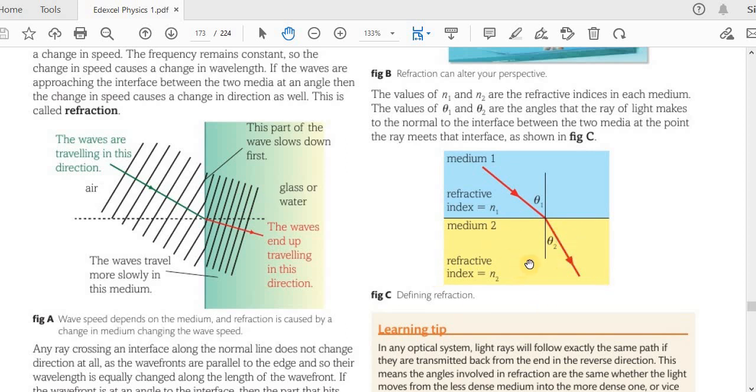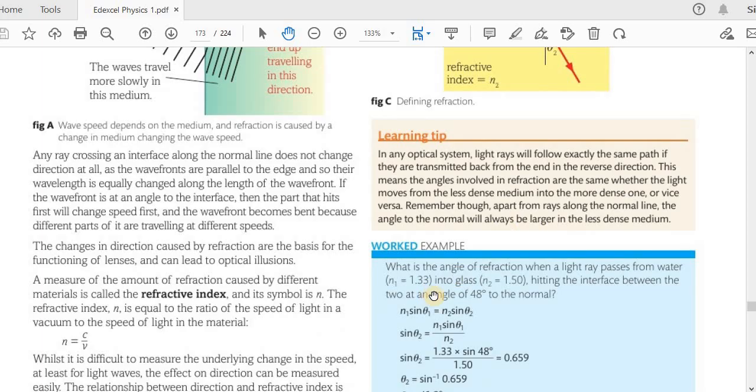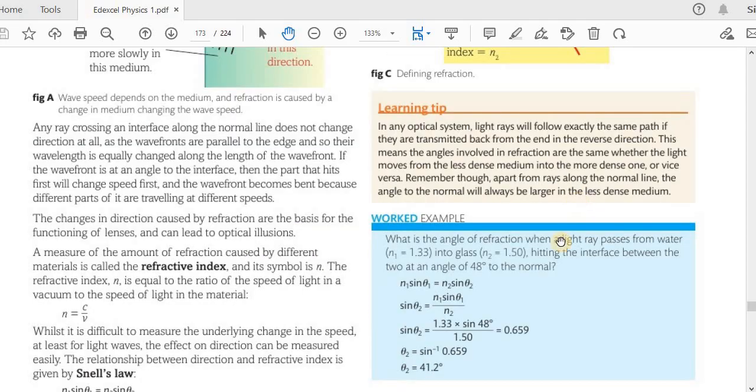And this n2 is for glass, medium 2, with n2 being 1.50, the refractive index of glass. Hitting the interface means it's coming this way. This is the one that is striking the surface, the interface or the boundary between the two media. So this is the angle, that is 48 degrees.